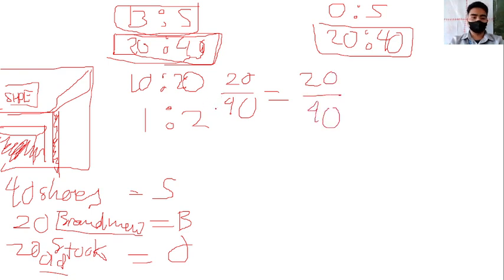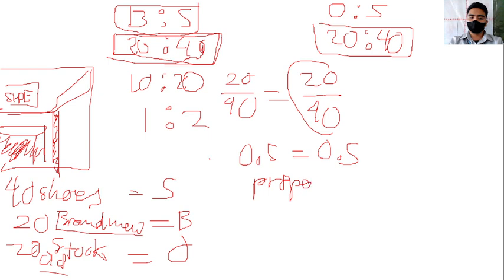They are equal, because if you divide 20 by 40, the answer is 0.5, or 1 half. And for the other side, it's also 0.5. That is how we could tell that these two ratios are proportion. You have two ratios that should be equal.